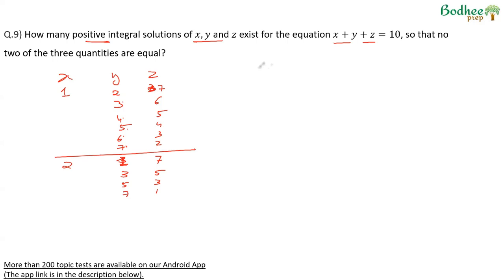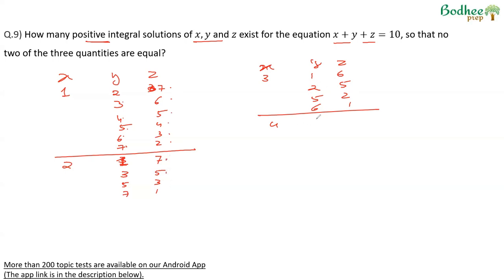If x is 3, y plus z is 7, so (1, 6), (2, 5), (3, 4) and (4, 3) are not possible, but (5, 2) and (6, 1) are.